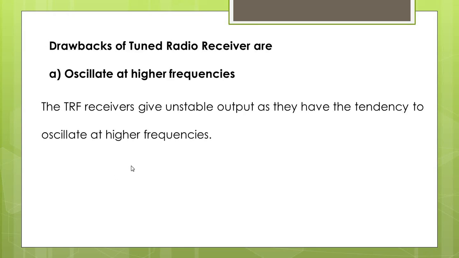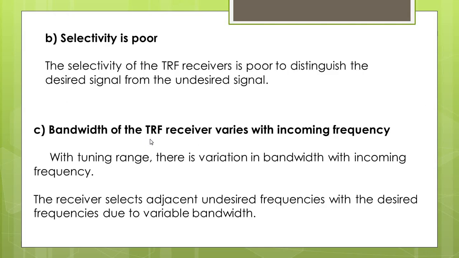So we have some drawbacks of the tuned radio frequency receiver. The first thing is it oscillates at high frequencies. This tuned radio frequency receiver gives unstable output as it oscillates at higher frequencies, so it cannot be used at higher frequencies. It has to be used only for low frequencies.